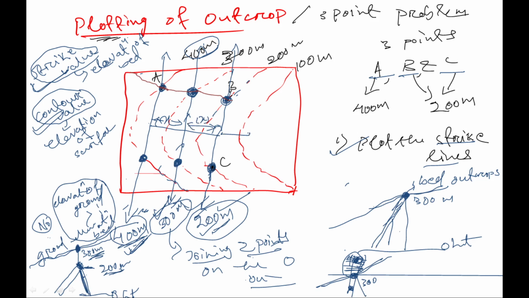Same x we can take here, and here the strike line will have 100-meter value. So the outcrop will run like, so there are 2 points. Here there is one point of 100 meter. Here there is one point of 100 meter. You can notice that the points are on the same contour value as that of strike.